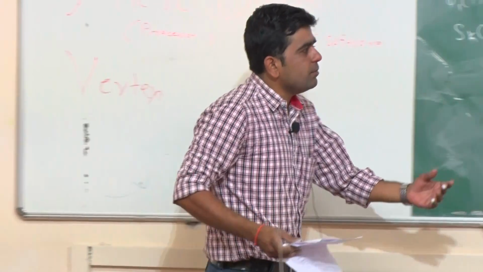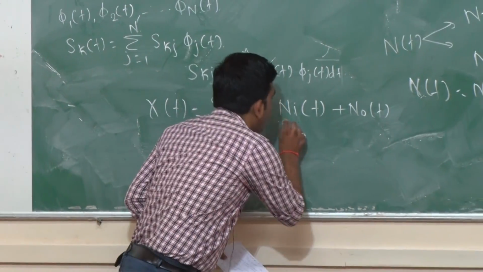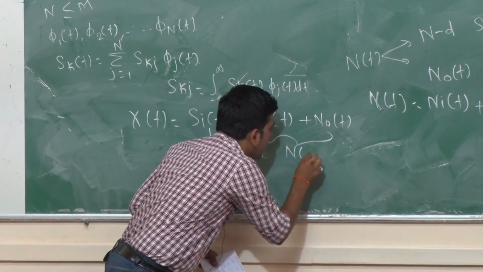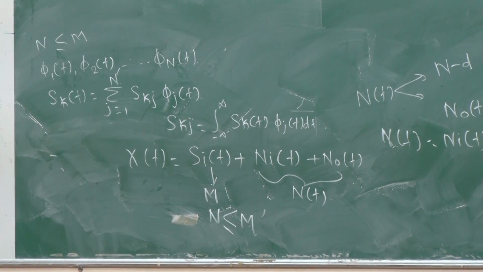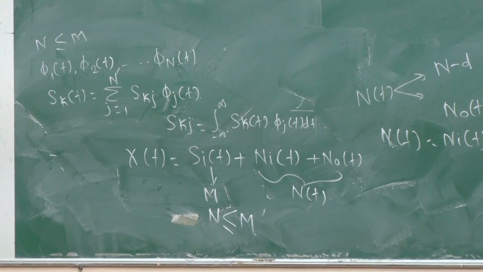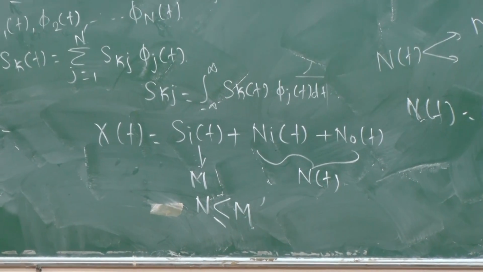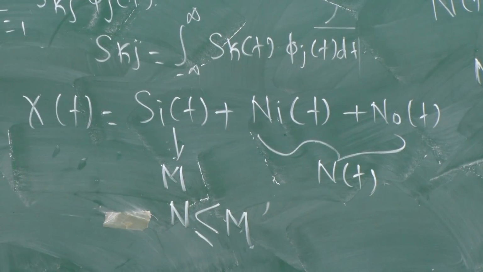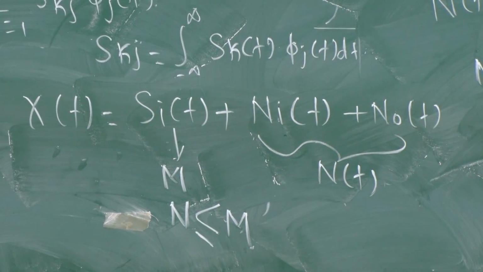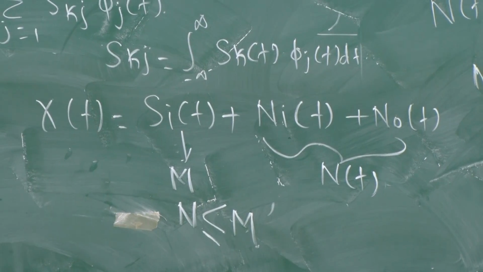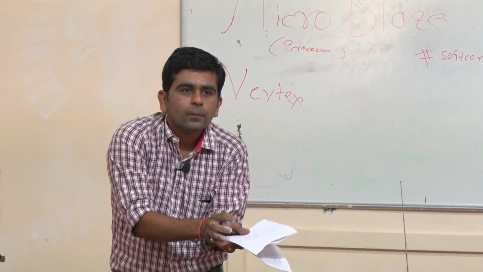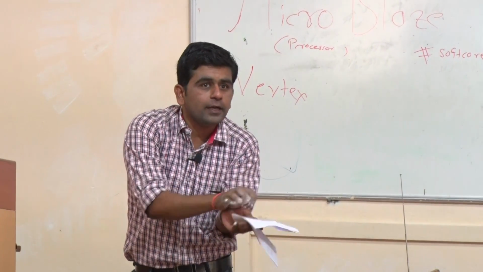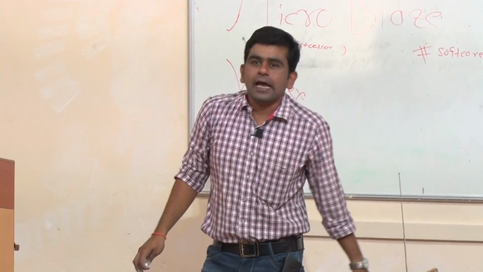Again we have some noise part, n of t. We are trying to represent this n of t using n dimensions. So we have to split this n of t, which has infinite bandwidth, and select the portion of n of t which can be represented geometrically by using capital N dimensions.